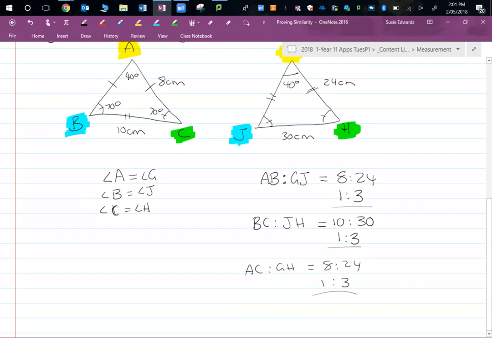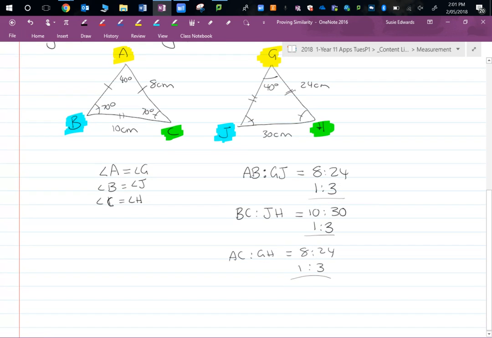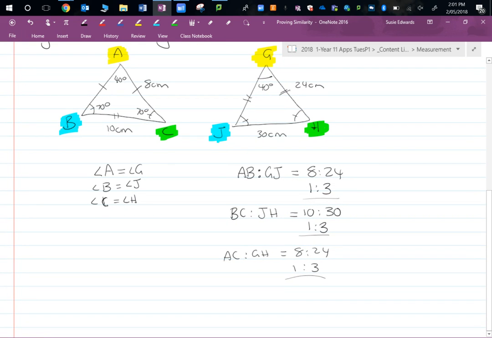So therefore, we need to say that they are similar. Now, how do we say they're similar? It's a little squiggly line. Okay, so we say triangle ABC. Now, how do we write a triangle ABC? We draw a triangle. Good. Okay, so triangle ABC is similar to, which is that squiggly line, just one, is similar to triangle.